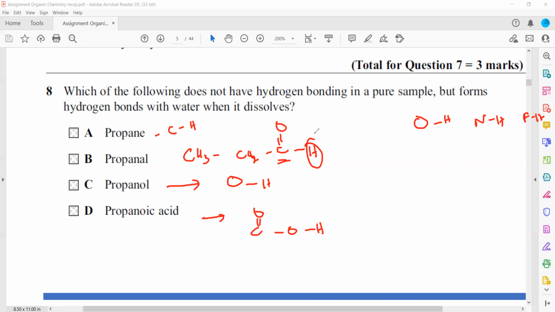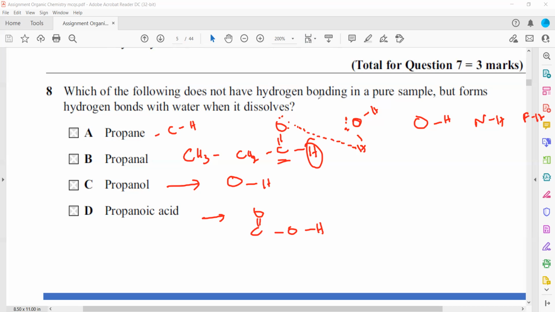So within the molecule, when we have all the propanone molecules, there is no hydrogen bonding. But what happens when we mix with water? There are lone pairs on oxygen, and there is a lone pair on this oxygen as well. These lone pairs are attracted towards the hydrogen, which results in the formation of hydrogen bonding.